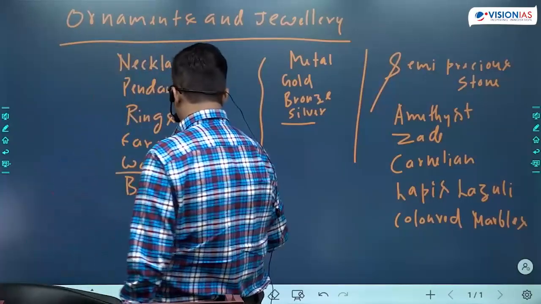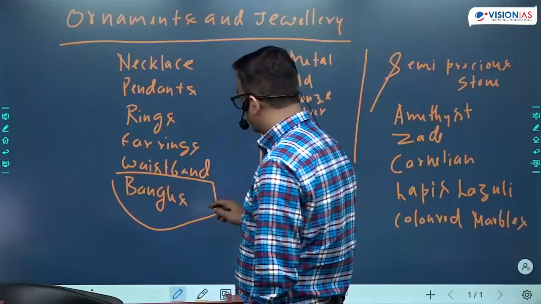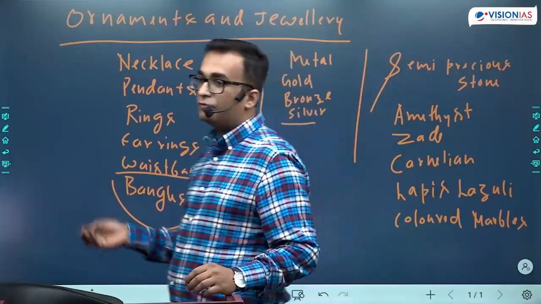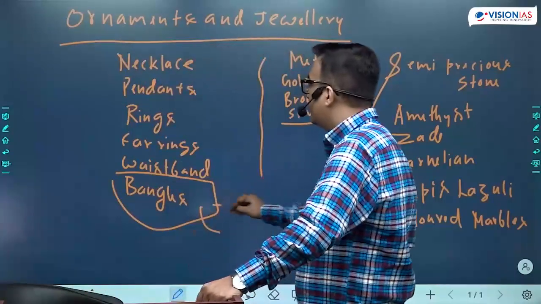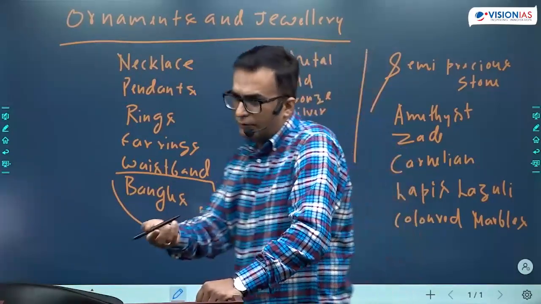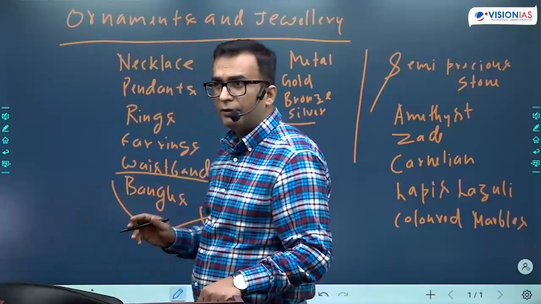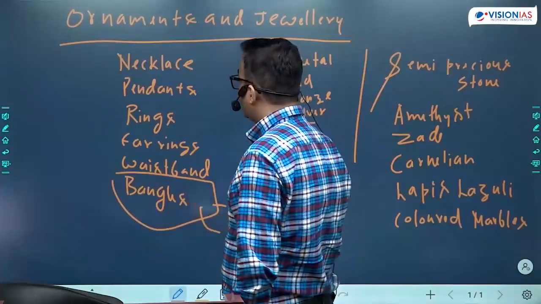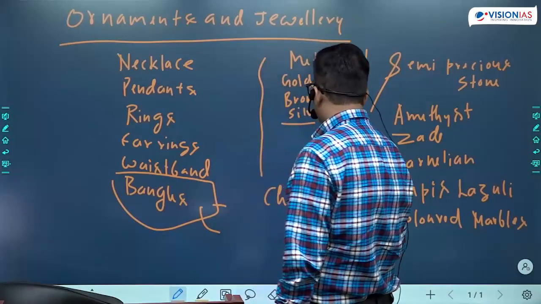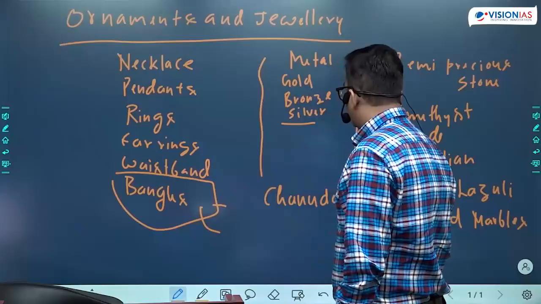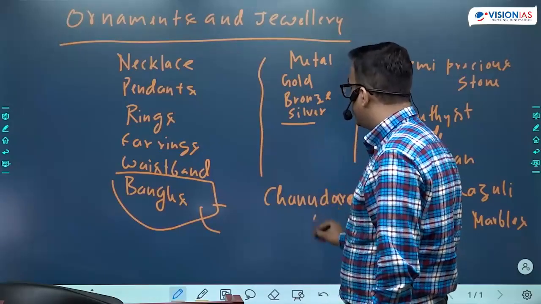And as far as the bangles are concerned, so bangles were also created with the process, the one which we know even today's time. Okay? So in the same process, and these bangles were mainly created at one particular place, Kalibangan. Then, so we have found n number of the bangles from Kalibangan, and in fact there was this place in Pakistan part, Chanudaro. So Chanudaro was meant for bead production.